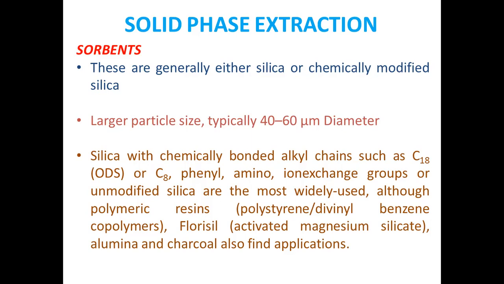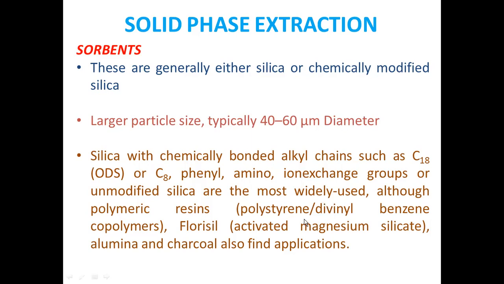The exchange capacity for the sorbent will be more whenever the species is more charged. Exchange capacity will be less whenever the species is less charged. So likewise, ion exchange groups can be introduced, and unmodified silica can be used as such.